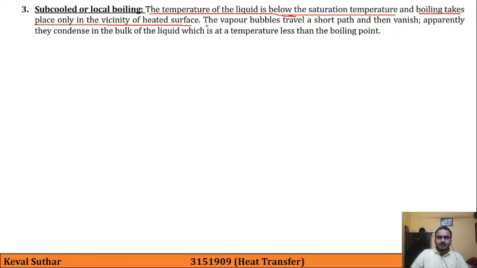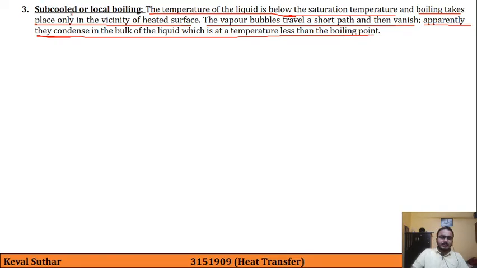The vapor bubbles which are created travel only a short path and then they vanish. Apparently they condense in the bulk of liquid which is at a temperature less than the boiling point.